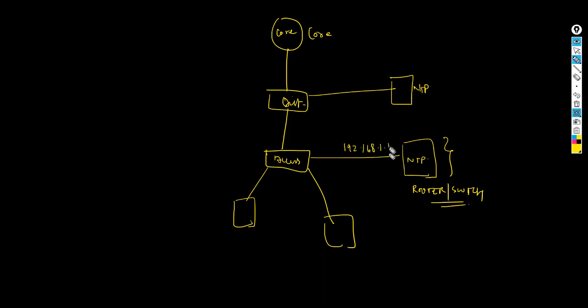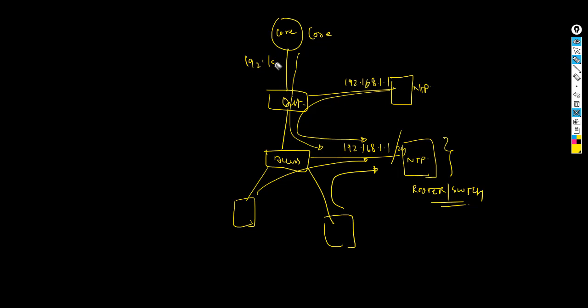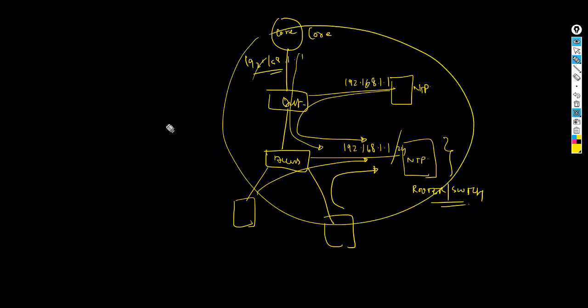Let's say this is the subnet, and all the devices following the NTP must have an IP like 192.168.1.1, so they must be in one single subnet.